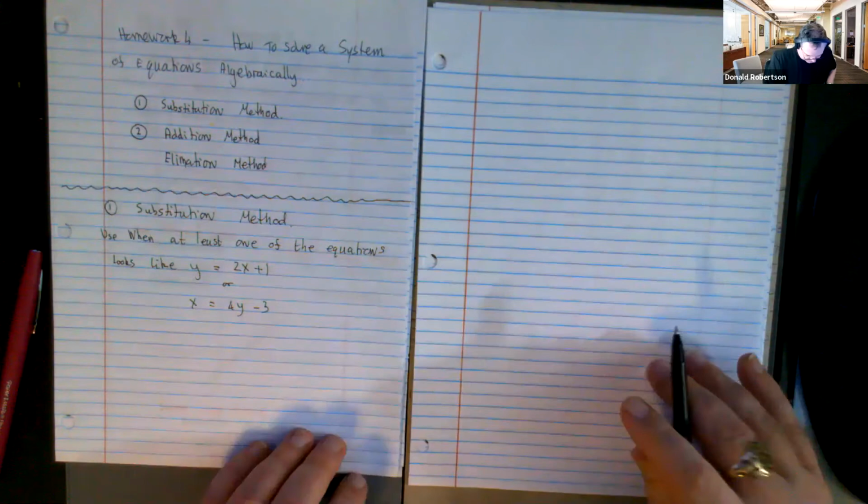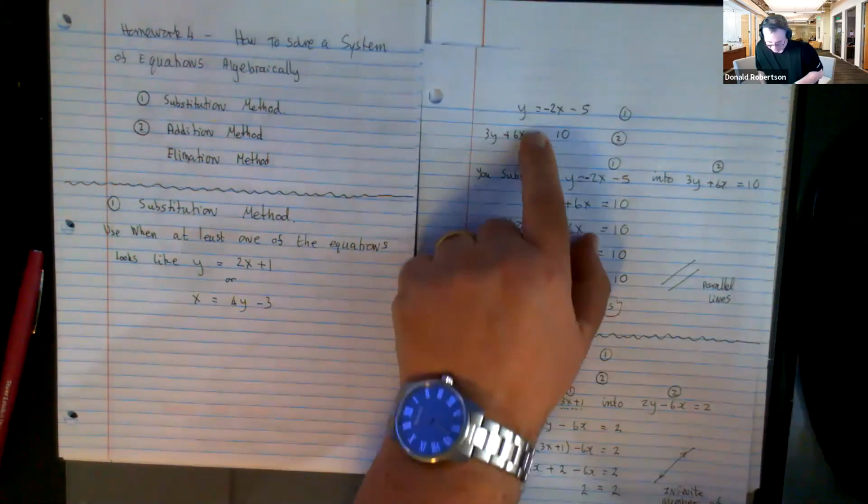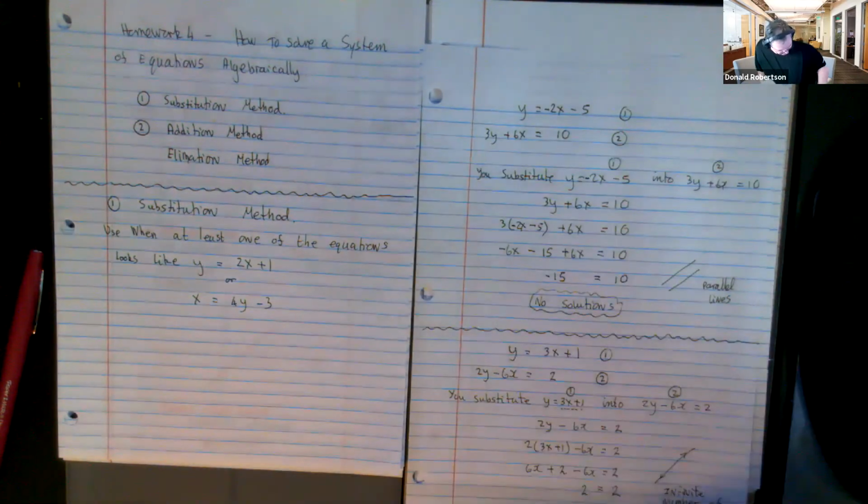Okay. So if you have a situation where at least one of the equations is of the form y equals or x equals, you know the substitution method works really well, right? That's the ones that we've just been doing.